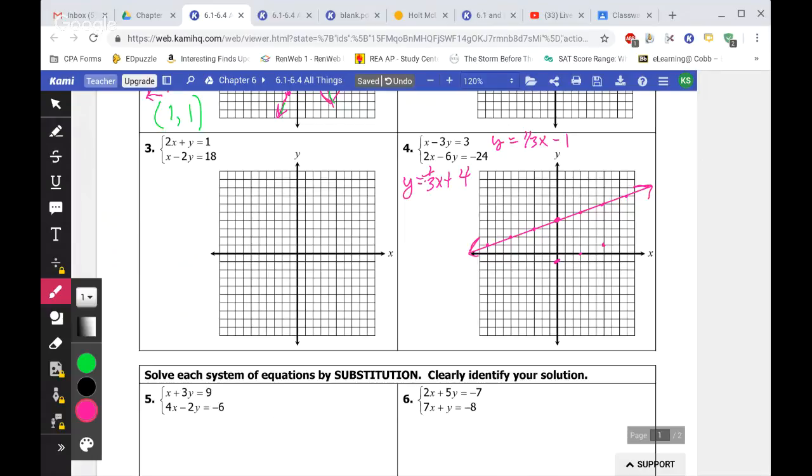If I go down 1, that's negative, so I would go left 3. And you see after you graph them that they are indeed parallel. So that means no solution.